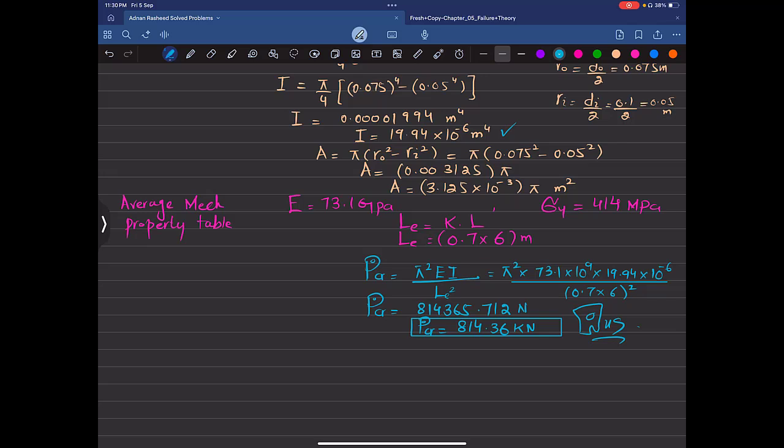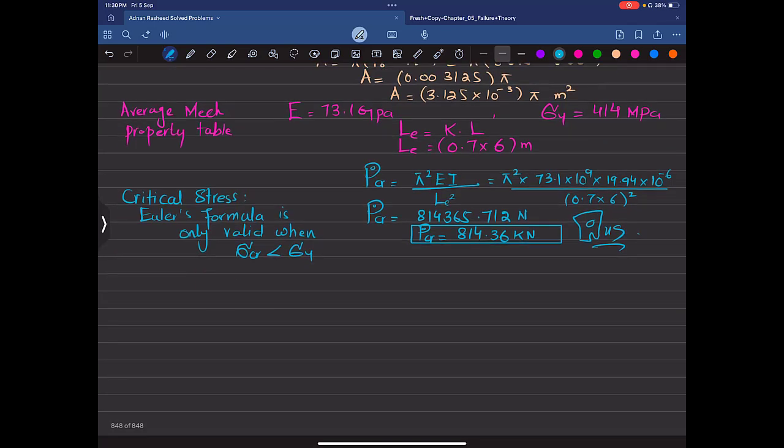Also, we will confirm it by finding the critical stress, and as per Euler's formula, it is only valid when your critical stress is less than the yield stress. So we will find the critical stress.